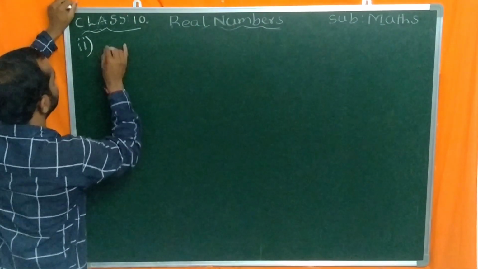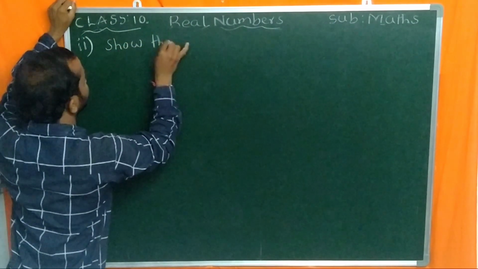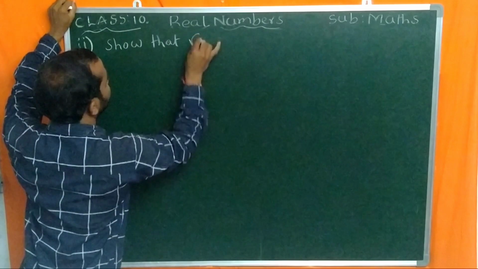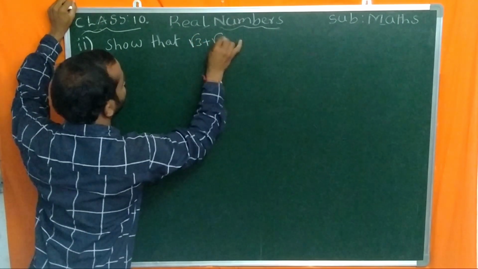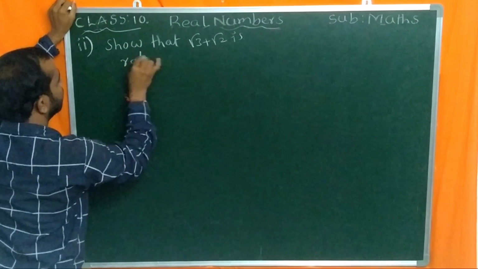Okay. Next problem. Show that root 3 plus root 2 is irrational.